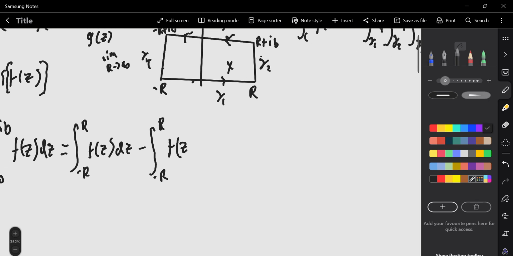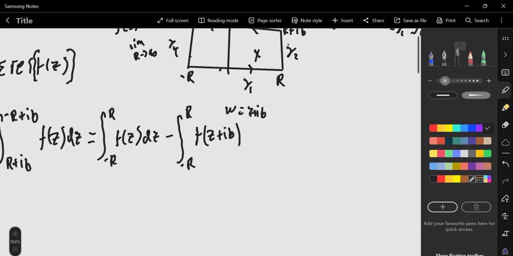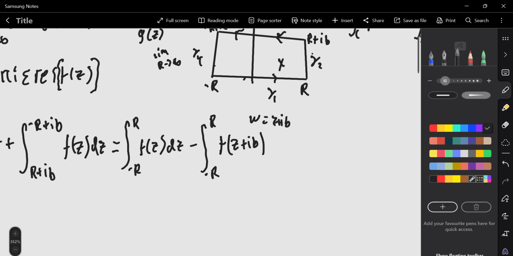If we use that z equals z plus ib, I can't use z, can I, because I'm using it. Let's say w equals z plus ib. Then f of w is going to be f of z plus ib. But w is a dummy variable, so we're just going to call it f of z plus ib. That allows us to get rid of it from the limits and bring it into the function. You see the math.